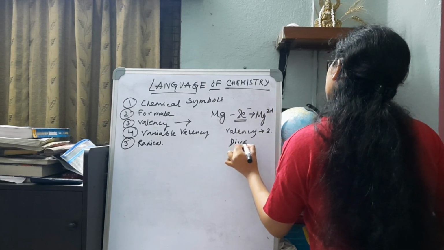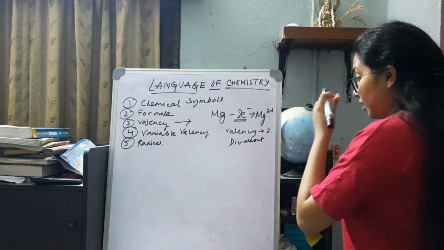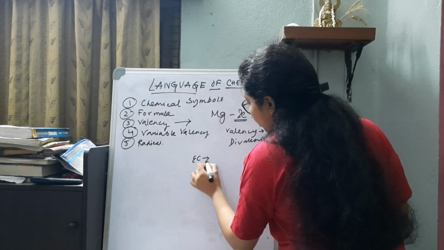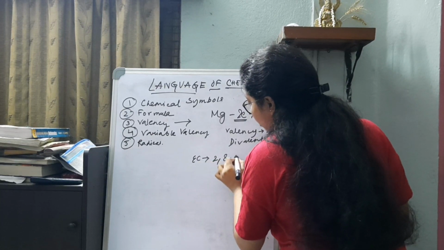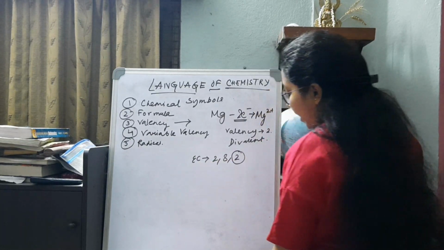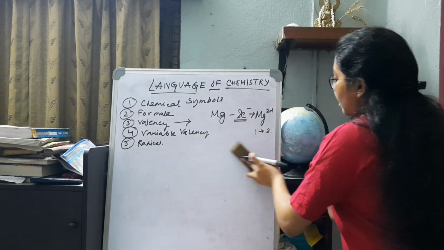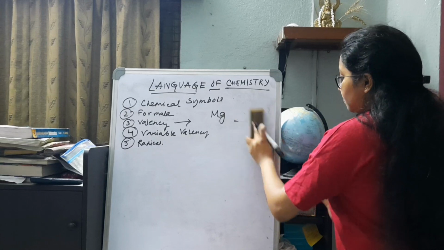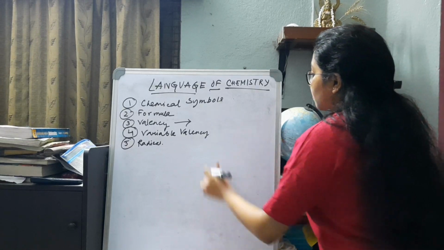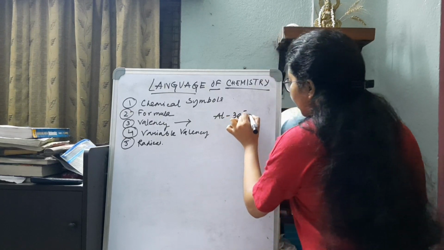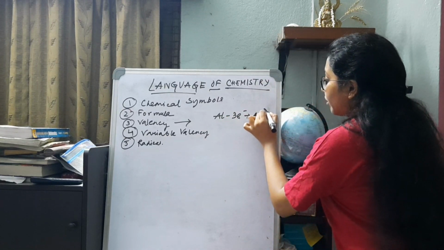That means it is divalent. Why so? Again, the electronic configuration of Mg is 2, 8, 2, so it can lose 2 of its electrons. Then if we go for aluminium, it loses 3 electrons to form Al3+.